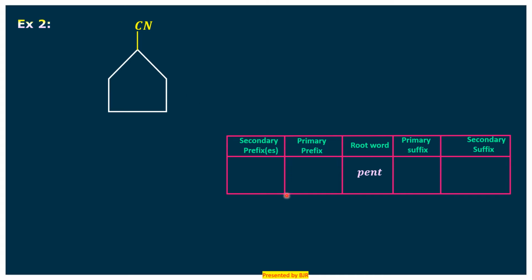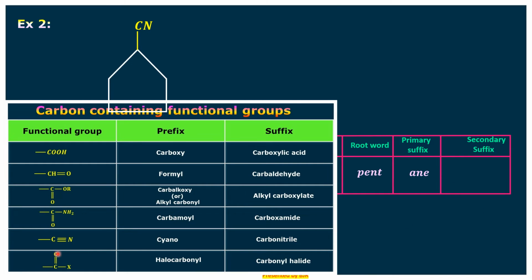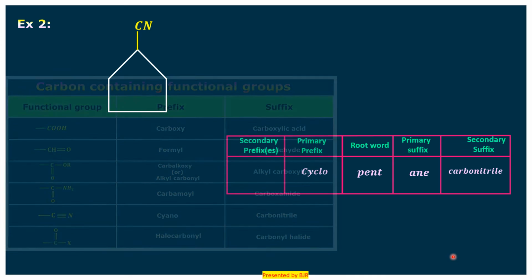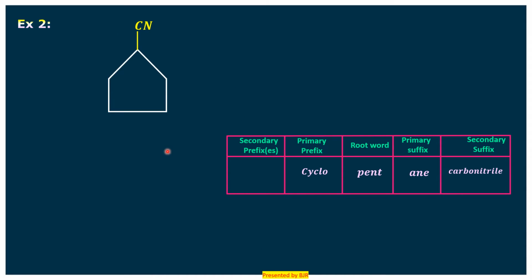So the root word is pent, primary suffix is ane, primary prefix is cyclo, and secondary suffix: you can see C triple bond N is used as the functional group, so the secondary suffix is carbonitrile. The name of this alicyclic organic compound is cyclopentane carbonitrile. Okay.